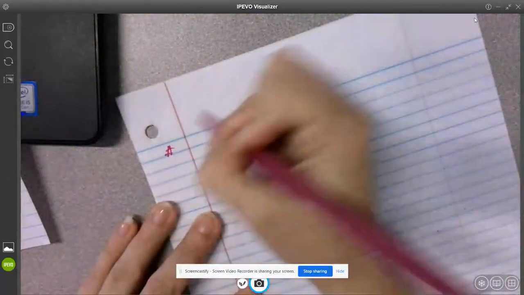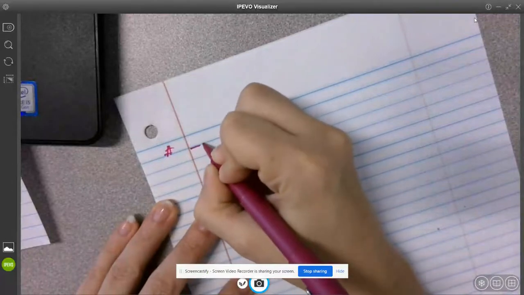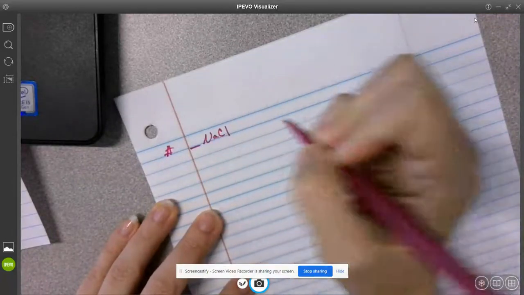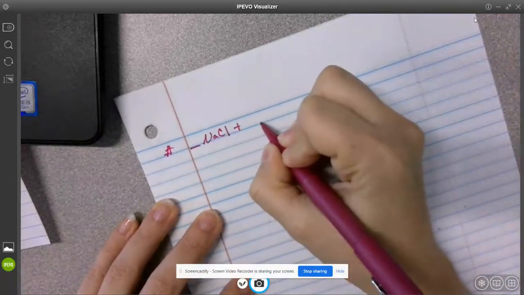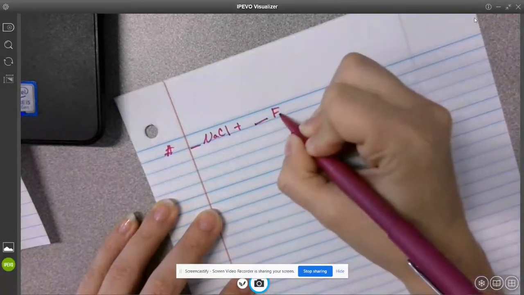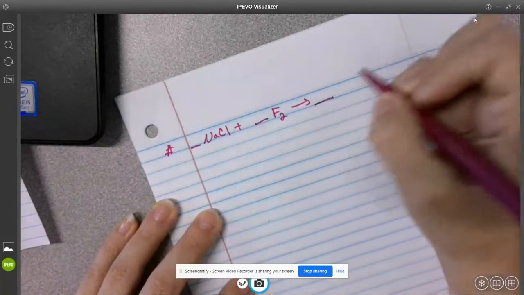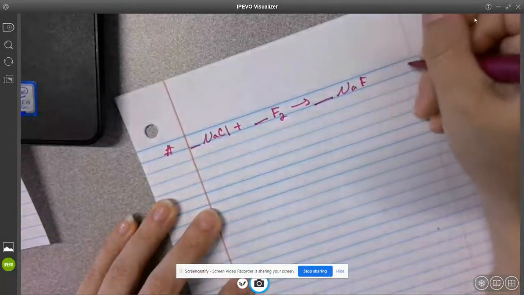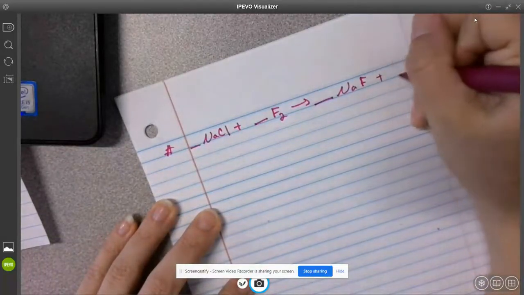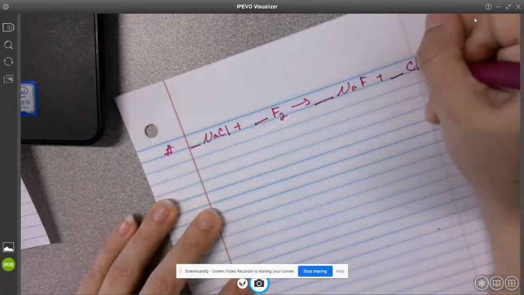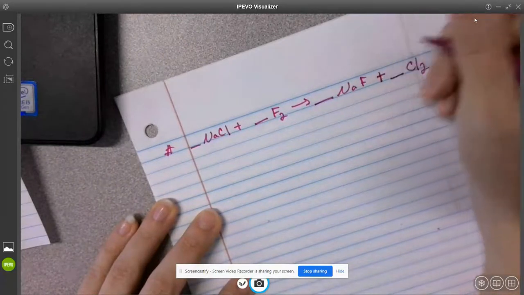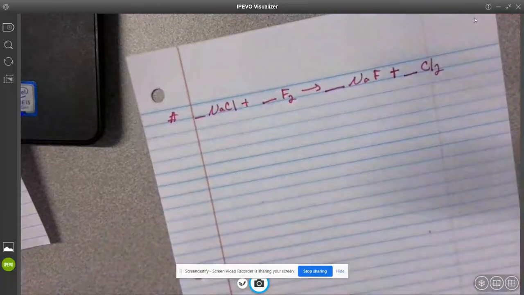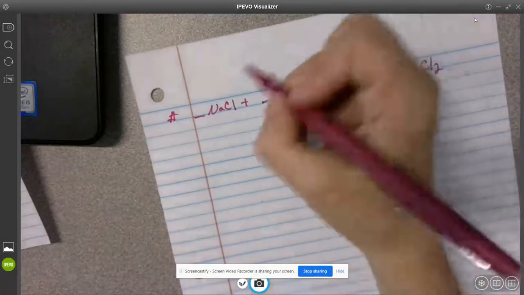So if we look at number 3, this is where we have sodium chloride, NaCl, plus fluorine, and that will give us NaF, sodium fluoride, and chlorine, Cl2. And so again, I'm going to go ahead and give these to you.